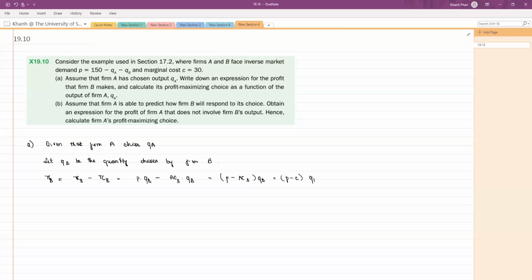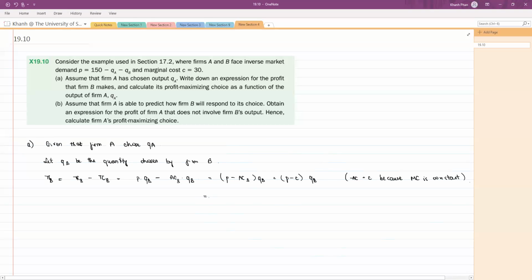Now this is only true when the marginal cost is constant. I've been saying this many times. If we have a different marginal cost which is not constant, then average cost is not going to be the same as the marginal cost. Only because marginal cost is constant, and that equals 30.